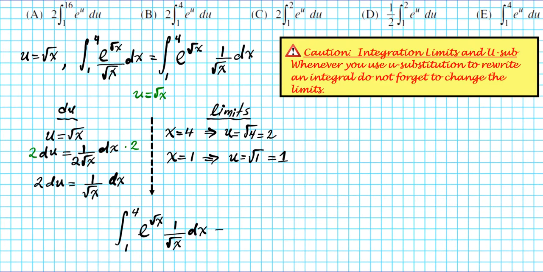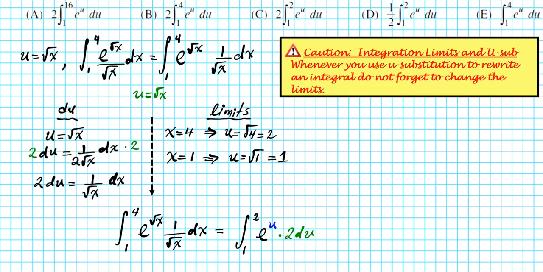That's the original problem. So using the u-substitution, it now becomes the integral from lower limit unchanged, upper limit is 2, e to the u, instead of root x, that becomes u. Remember, u is root x. And then 1 over root x dx becomes 2 du.